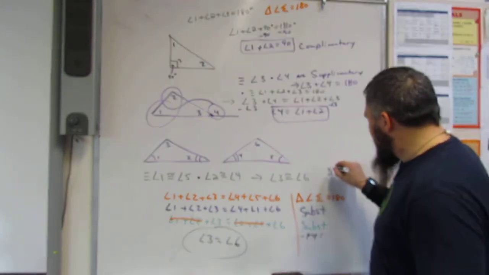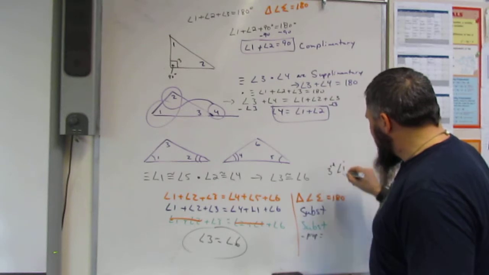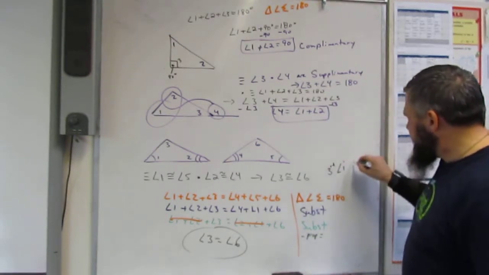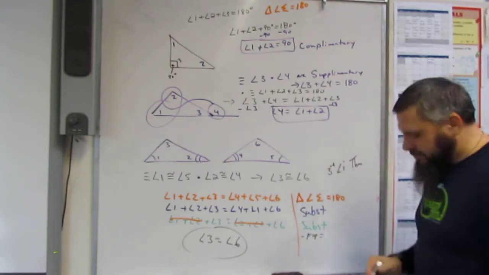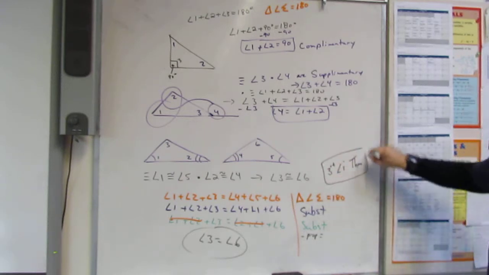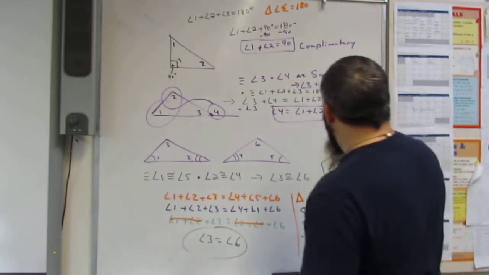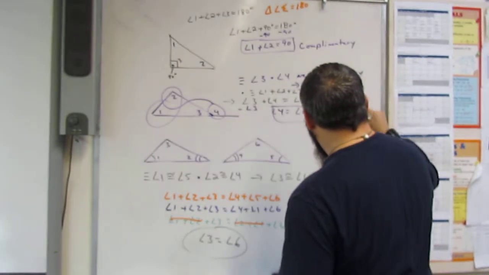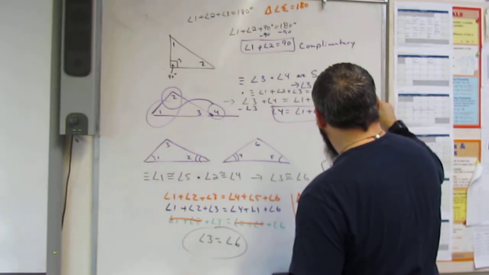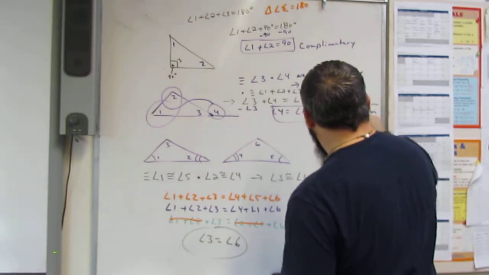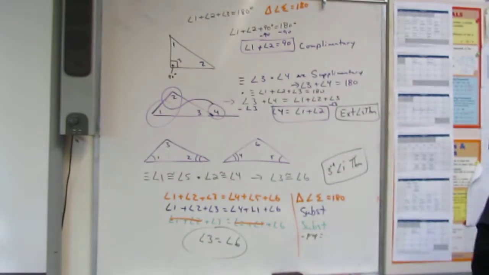Third angles theorem. This one is the exterior angles theorem. So now we can refer to these things in our proofs.